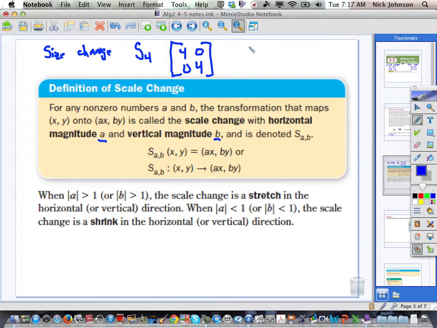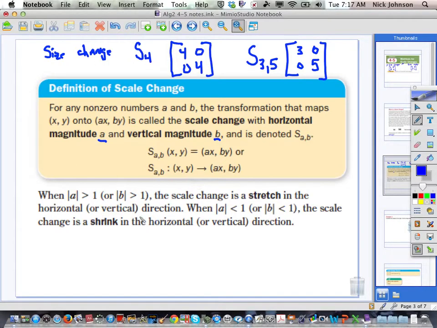So in our scale change, where maybe we have something like 3 comma 5, then 3 is going to go here, 5 is going to go here, and 0's everywhere else. So when doing this, all you have to do is take your x times your a value, get your x coordinate, take b times your y value, get your y coordinate.